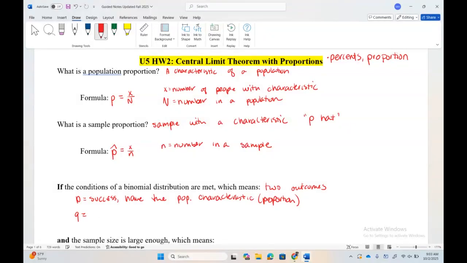And Q is failure, or that they don't have that characteristic. So this is no gray area. Either you have it or you don't.